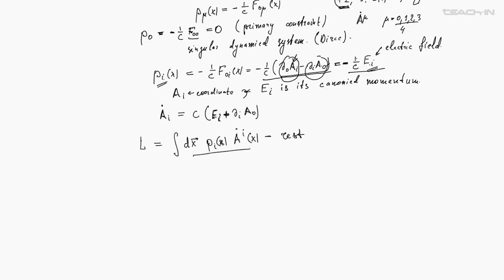Now, why does this term appear? What is the importance of this term? Why do I insist that I would like to have it on the right-hand side? The point is that this term describes the symplectic structure of our dynamical system, of the model. Symplectic structure is a mathematical term I'm using here.